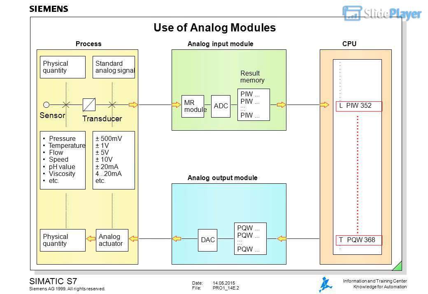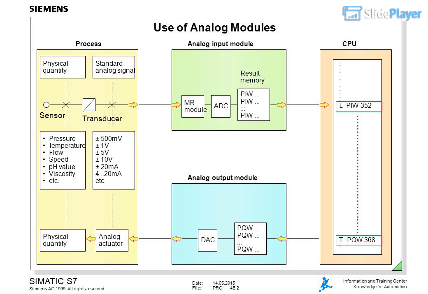ADC. Result memory. Analog input module. CPU. LP 352. TPQW 368. DAC. Analog output module. Analog actuator. Physical quantity. Principle in a production process.